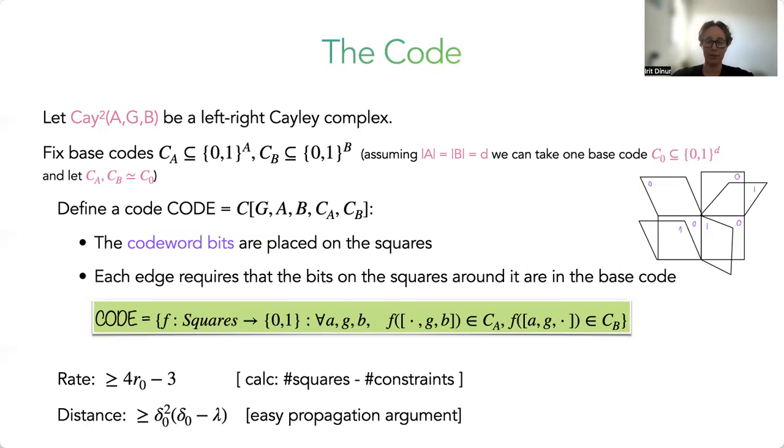What about the distance? So how did Sipser and Spielman prove that their codes had a constant relative distance? They relied on a propagation argument. They essentially showed that if you have a non-zero code word, so let me try to do it on our code. If you have a non-zero code word, so there is some square that has a 1, then around any one of the edges touching that square, you should see a code word of C0.